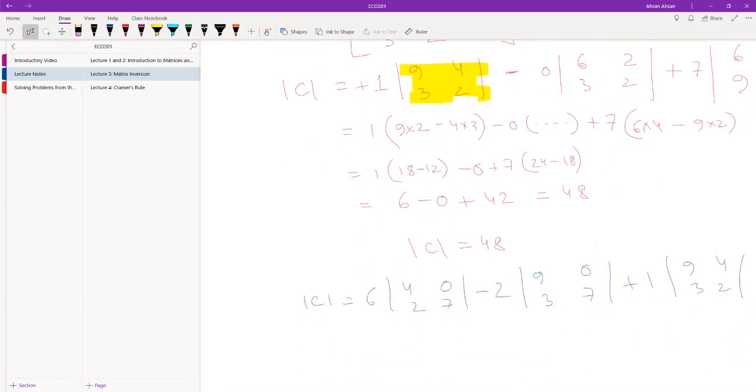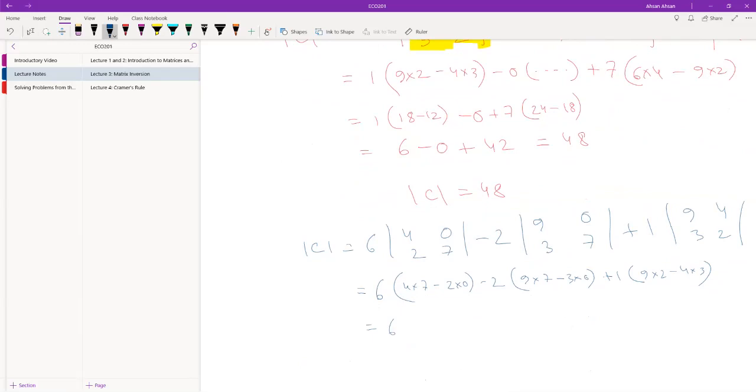Yeah, looks like I've got it. So this gives me 4 times 7 minus 2 times 0, minus 2, 9 times 7 minus 3 times 0, plus 1, 9 times 2 minus 4 times 3.